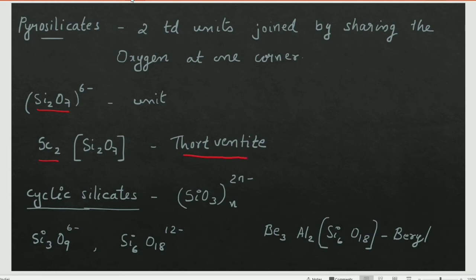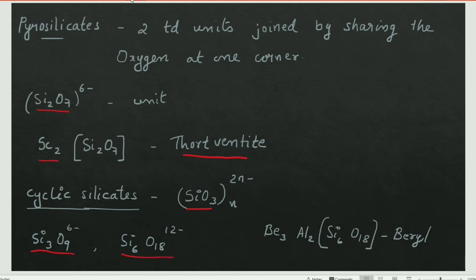Then cyclic silicates. The cyclic silicate unit is (SiO3)n 2n-. Just remember the basic unit of pyrosilicate, cyclic silicate, sheet silicate and orthosilicates. The examples are Si3O9 6- and Si6O18 12-.